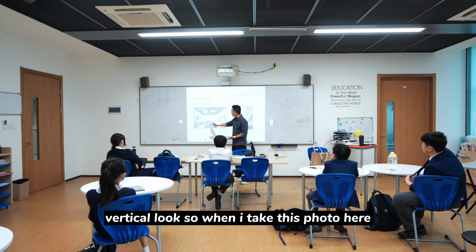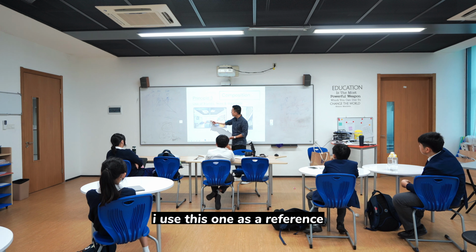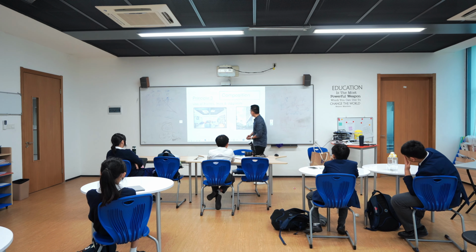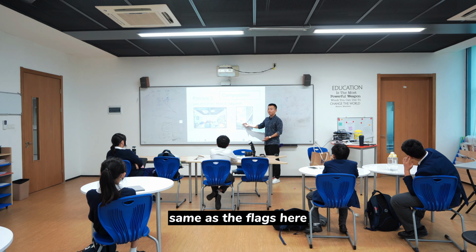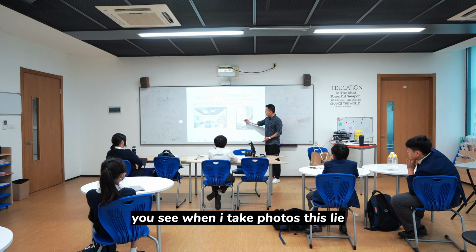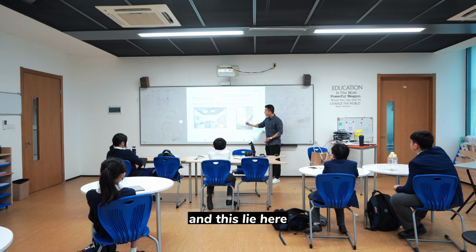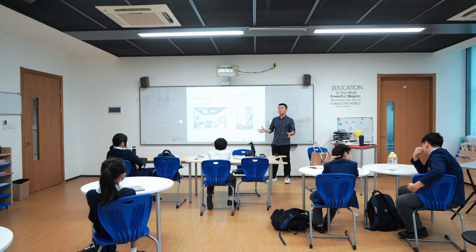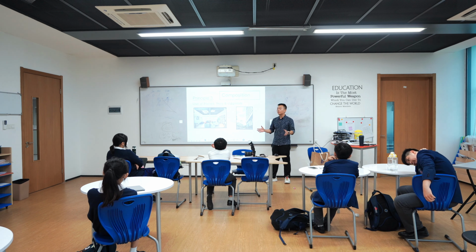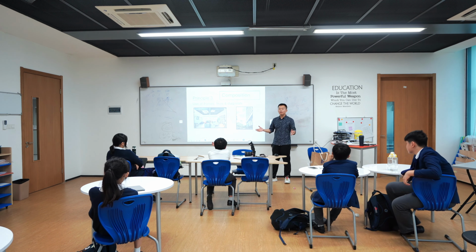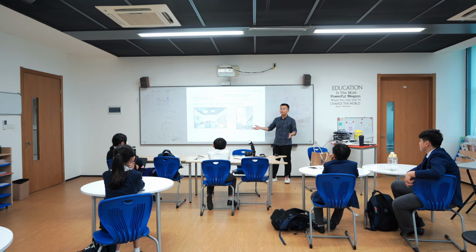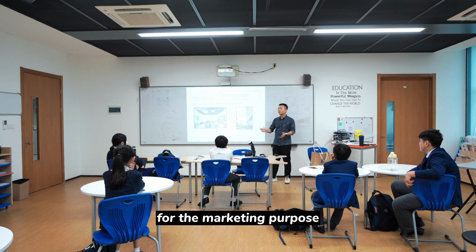When I took this photo, I used this one as a reference, same as the flags here. When I'm taking photos, this line and this line are parallel. That means it's not chaos, 所以就不会那么混乱. So these two photos can be used on the school website for marketing purposes.